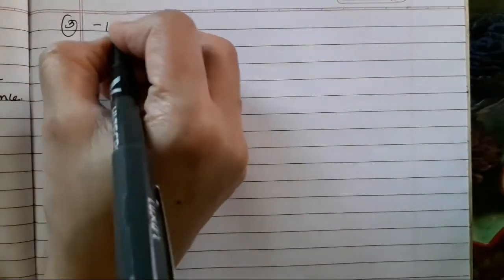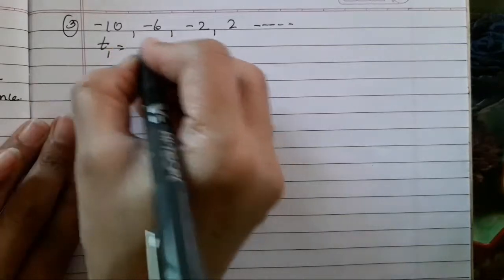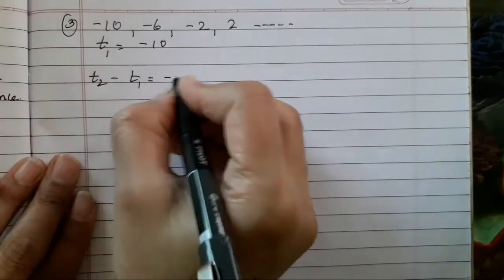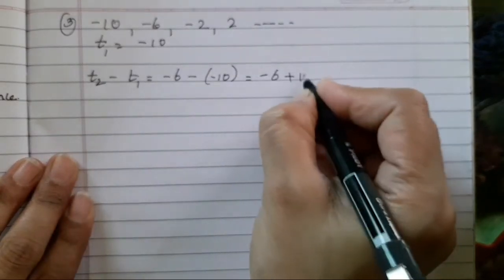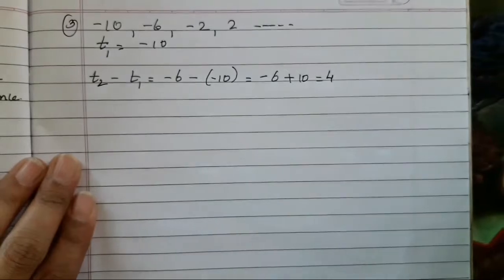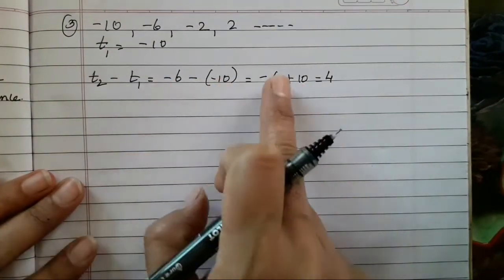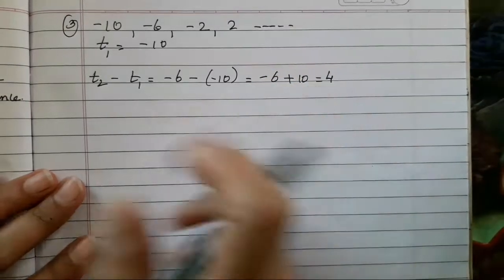The third one is minus 10, minus 6, minus 2, 2. T1 is minus 10. T2 minus T1 is minus 6 minus minus 10, which is minus 6 plus 10, equal to 4. Got it, children? You have to do it: minus and minus becomes plus, and with plus and minus, the sign of the bigger number comes.